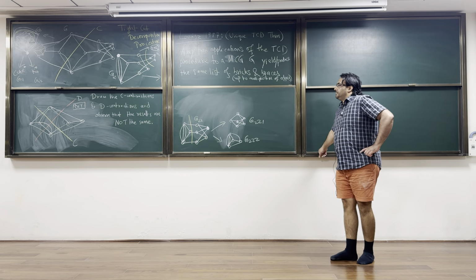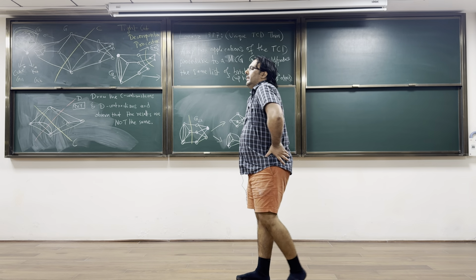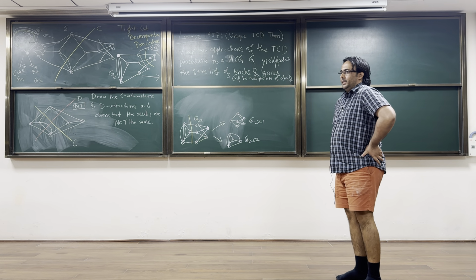And this basically tells you that there is something very, very fundamental about the tight cut decomposition procedure. Right? This kind of uniqueness result sort of reminds you of the prime factorization uniqueness. Why not? Right? That's a fundamental result. Okay, so this is what we will prove next. What's the big problem with proving such a statement?